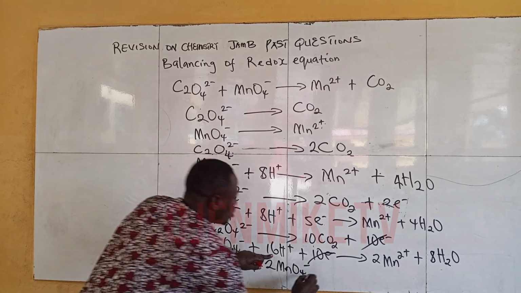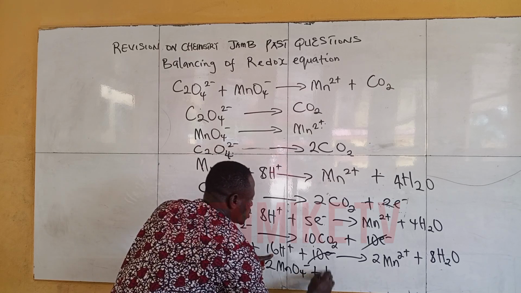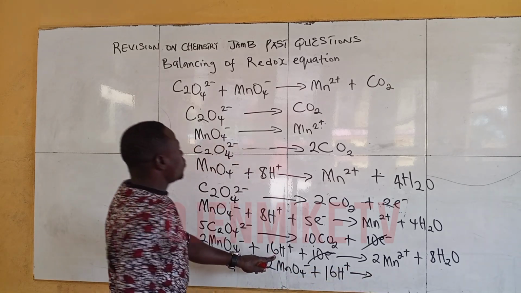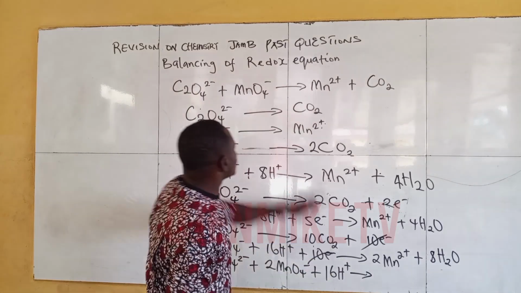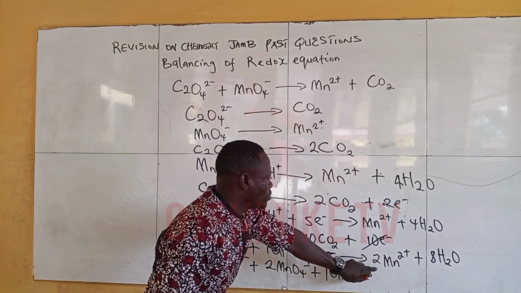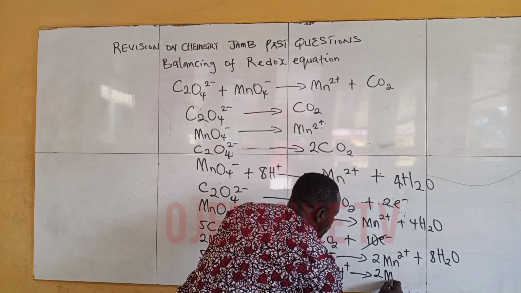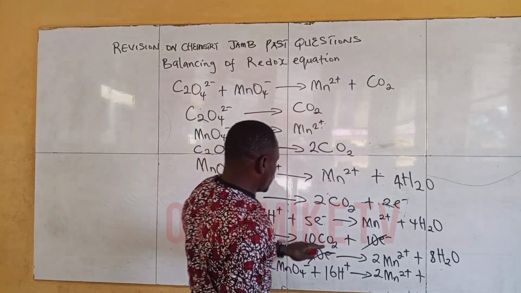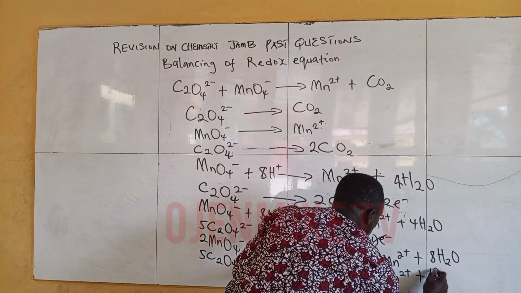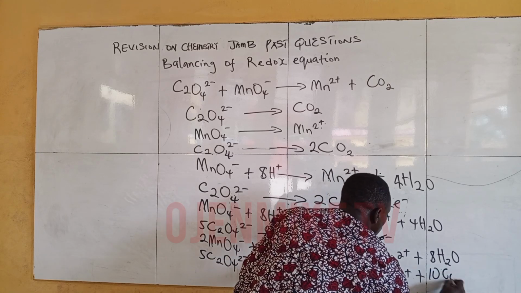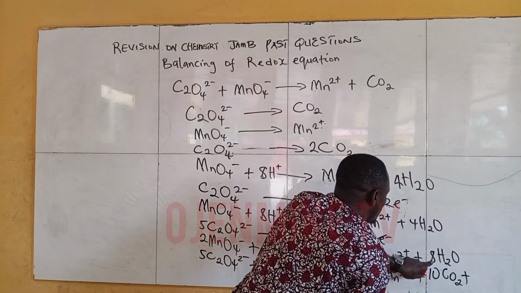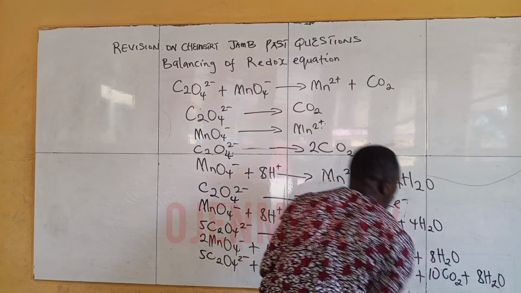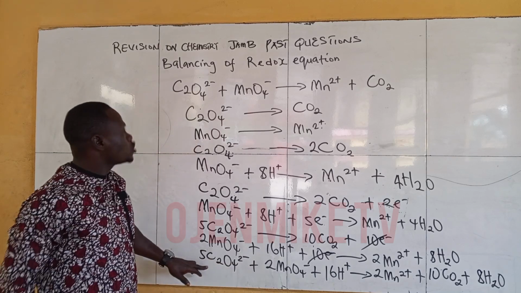The next thing we have is 16 molecules of hydrogen, 16H plus, which will give us 2Mn2 plus. We have carbon dioxide, 10CO2, plus we have water here, 8H2O. So this is our balanced equation.